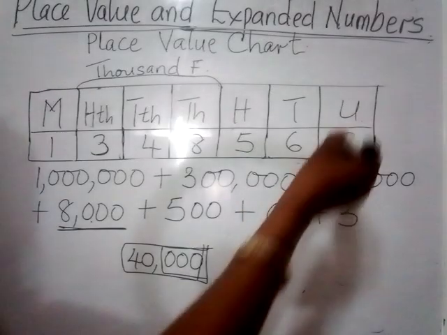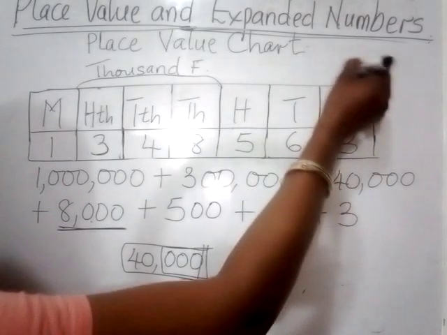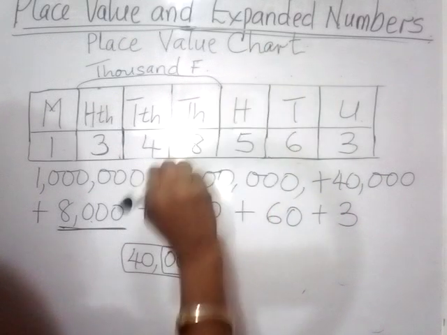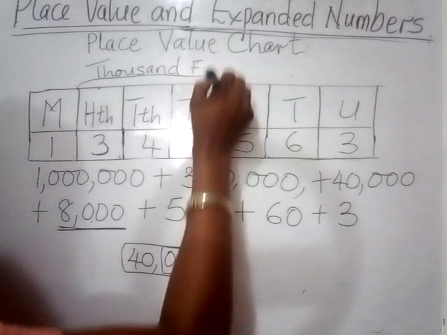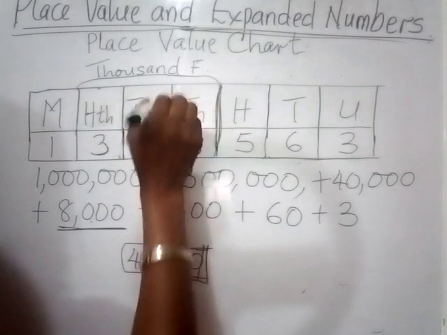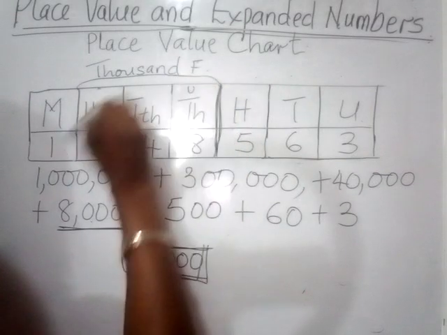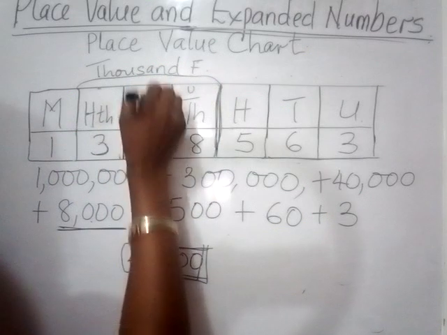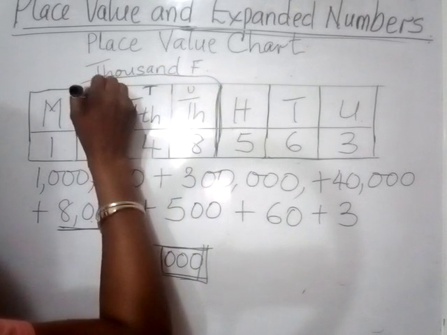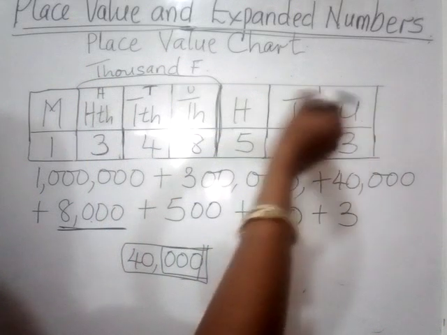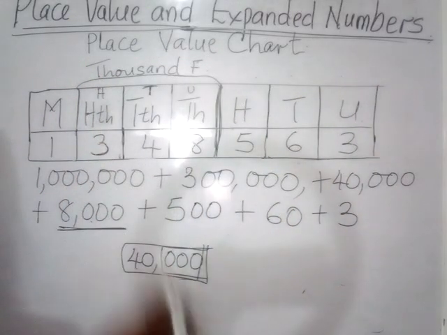Now, if you look at this part, you have 1, 2, 3. This is unit, this is tens, and this is 100. After the 100, what do you notice? You cross to 1,000. So you have 1,000, which is like units of 1,000. Then you have tens of thousands, and then you have hundreds of thousands. So again, it's as if unit, tens, 100 is repeating here, and actually it is.